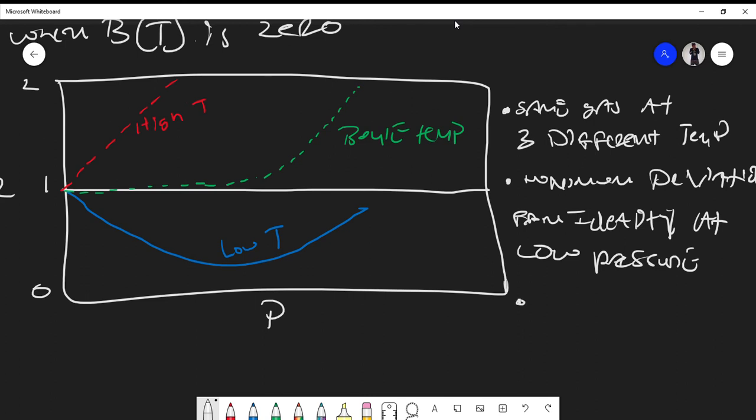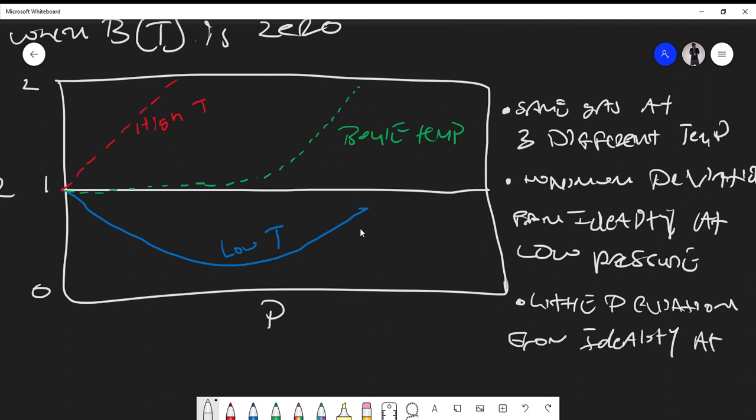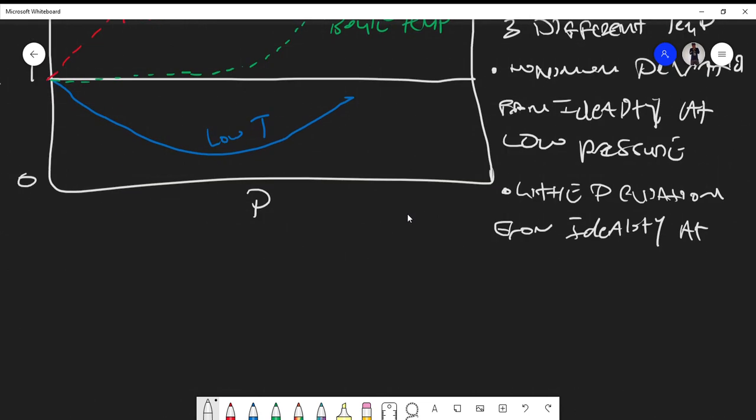And we also see that there's little deviation from ideality at the Boyle temperature, over a wide range of pressures.